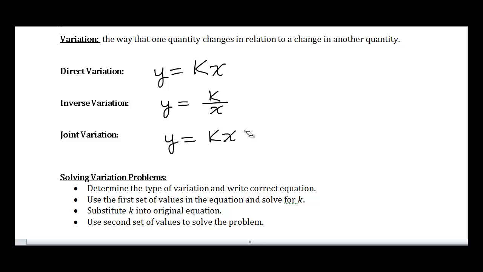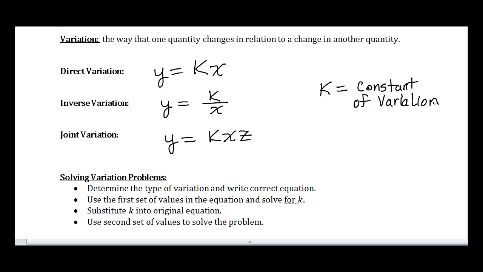Basically, with all of these, we have y and x, except for the joint variation where we have z. But they all have a k in them. And k is basically our constant of variation. That's something that we're going to have to find in every single problem.